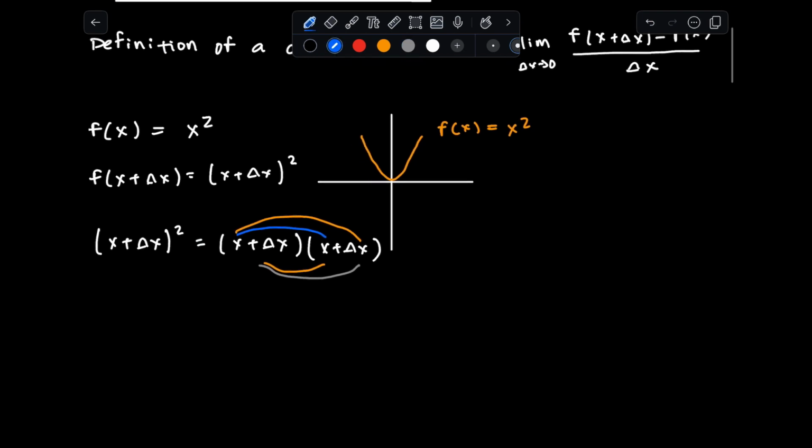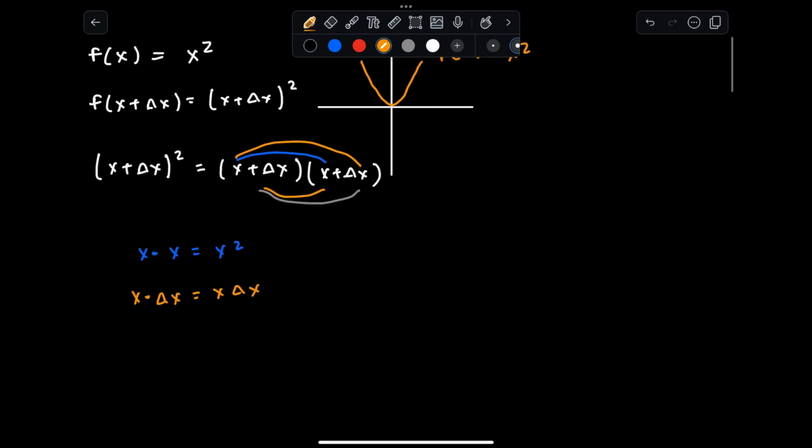Starting off with the blue, x times x is just x squared. For the orange part, x times delta x is x delta x. And for the second orange part, delta x times x is the same thing as the expression above, so we have x delta x. And for the last part, delta x times delta x, we get delta x squared.